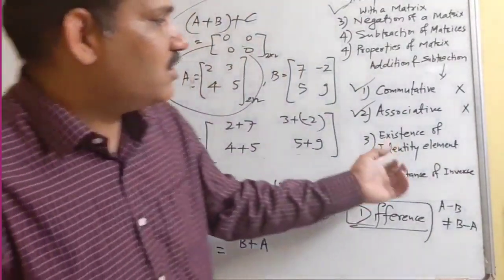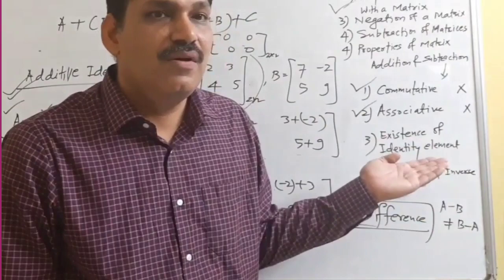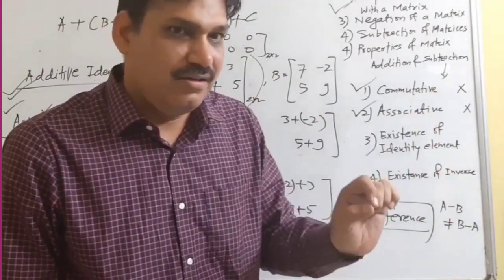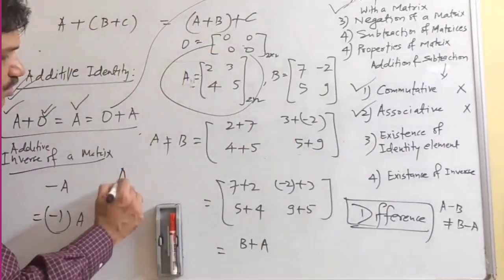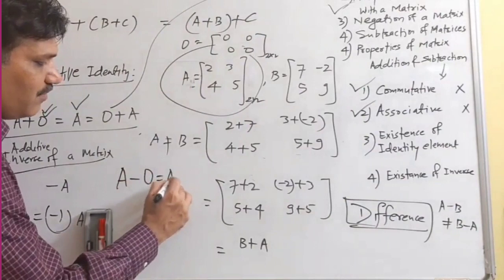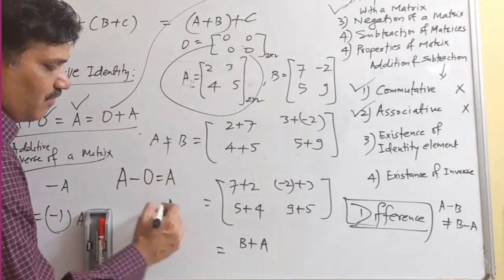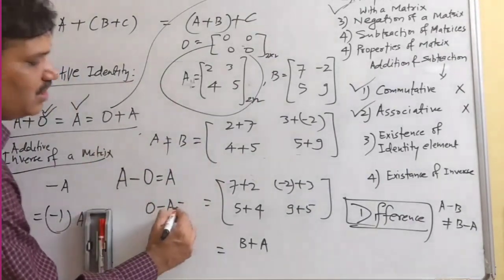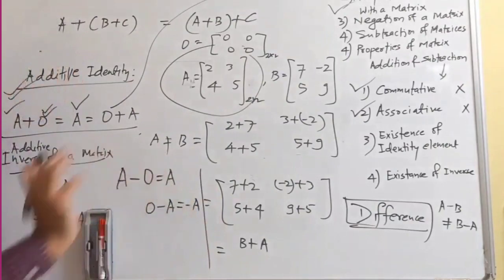Now, existence of identity element, that is existence of subtractive identity. See, if I subtract a zero matrix from a given matrix, then it's okay. We get the same matrix, but if we subtract a given matrix from a zero matrix, we do not get the same matrix. In fact, we get the negation of that matrix.